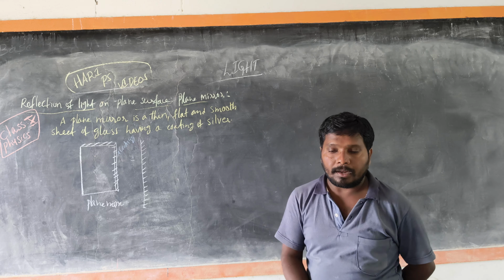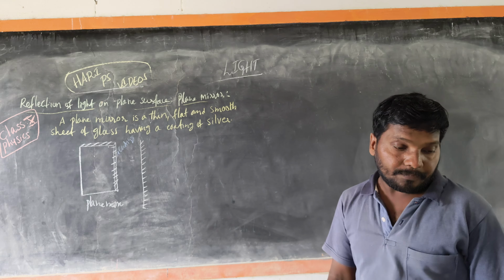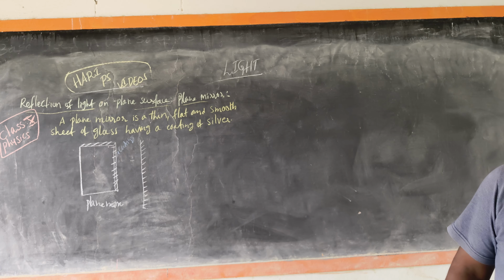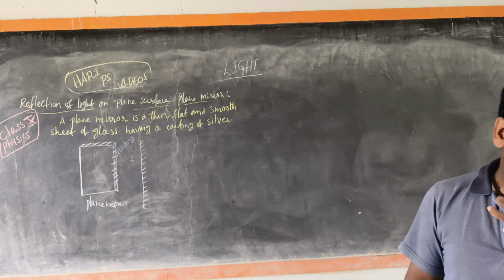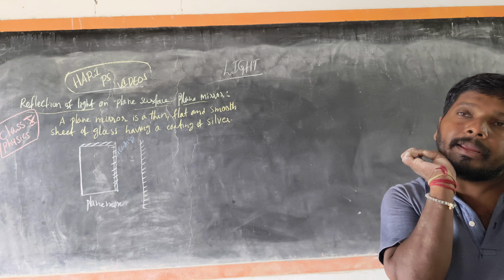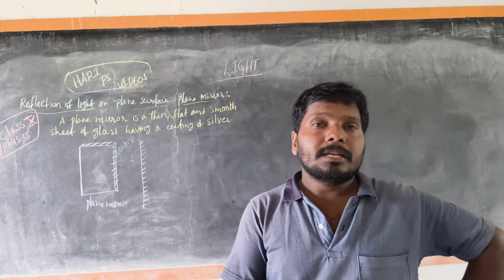So what will happen if light rays are incident on the plane surface or the plane mirror? Usually light can reflect on any surface.